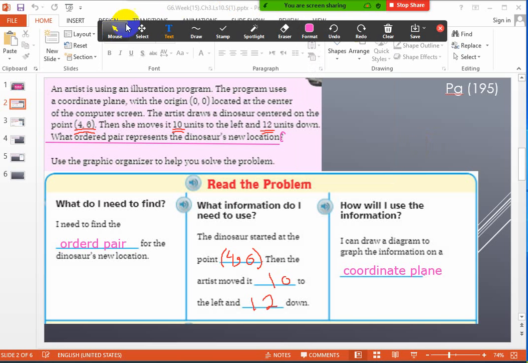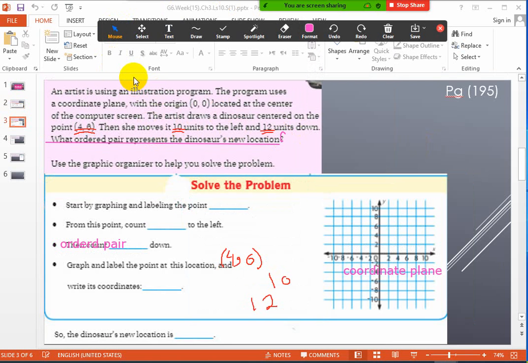Okay, so let's move now to the next step, which is how I will solve this problem. So I will use the coordinate plane to locate the first point, which is the point that this dinosaur is on, 4, 6.